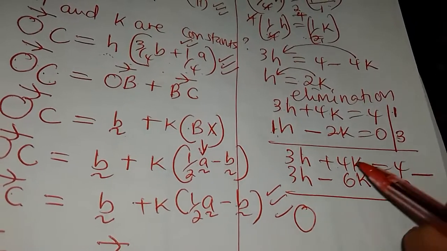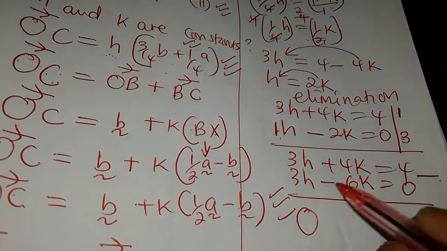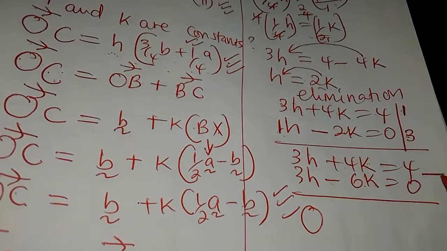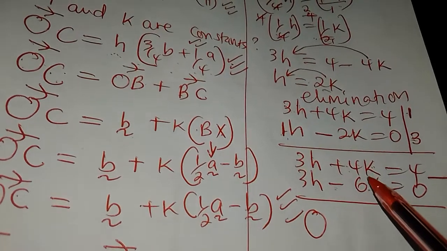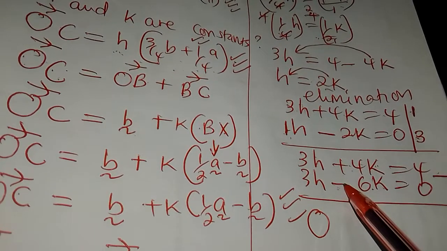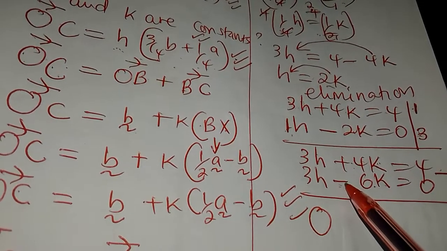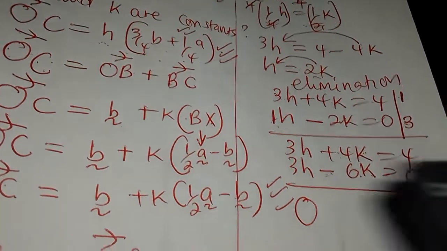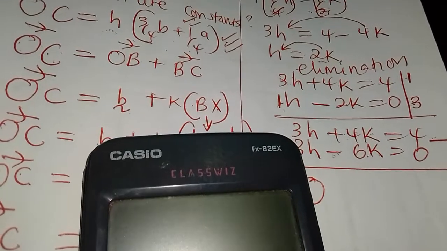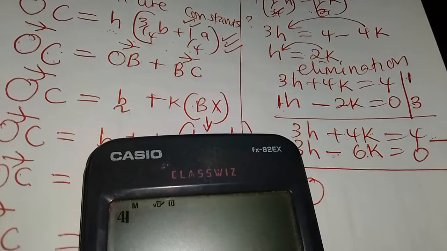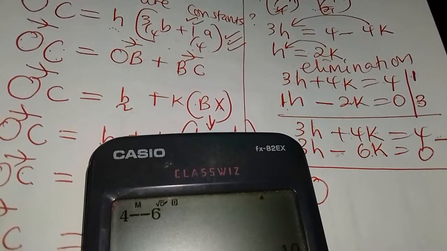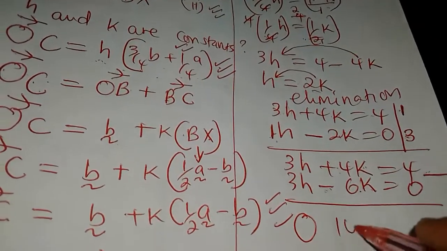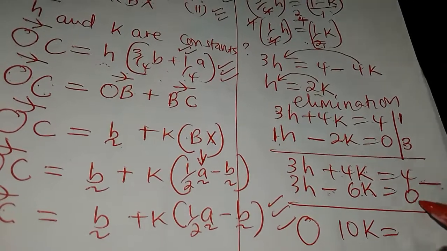Great. 4k minus negative 6k is the same as 4 minus minus. And I told you in my last video that minus minus will actually end up being positive. So 4k minus minus 6k is the same as saying 4 minus minus 6, that gives you 10. So it turns out to be positive. So that gives me 10k is equals to 4 minus 0, that is 4.